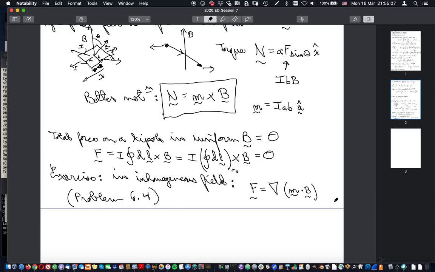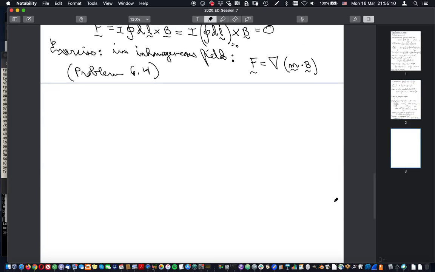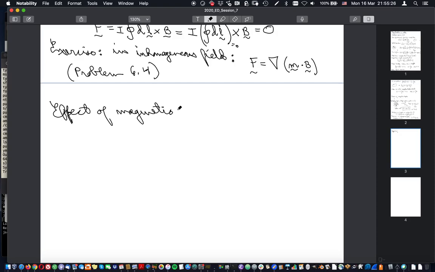So let's see. Now, there's a little discussion in Griffiths about the effect of a magnetic field on atomic orbits, by which is meant the electronic orbits around atoms.